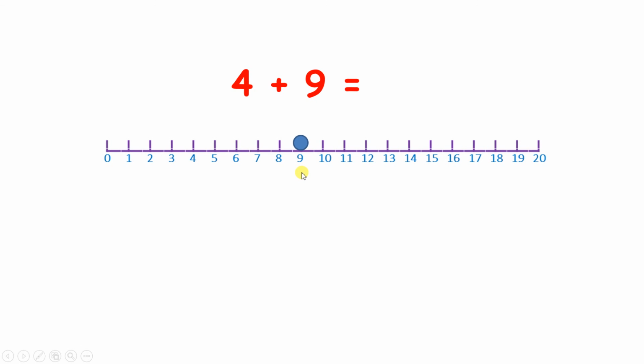And how many jumps am I going to make? Well, we're on 9, and the other number in our addition is 4, so let's go along. 1, 2, 3, 4. And we've landed on 13, so 4 plus 9 equals 13.